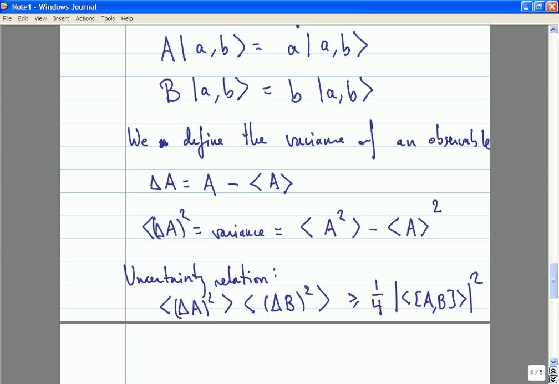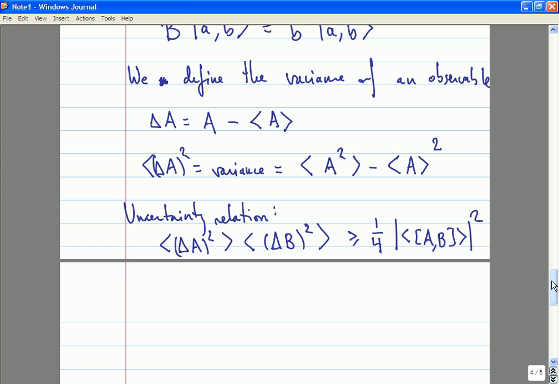So, have you guys all seen the proof of this before? Yes. Would you like me to prove it? No. Would anyone like me to prove it? Okay. The proof is an exercise. You guys have seen the Schwartz inequality? Yes. Has anyone not seen the Schwartz inequality? Don't be shy. Should I go through the proof very quickly? No. Or of the uncertainty relation.